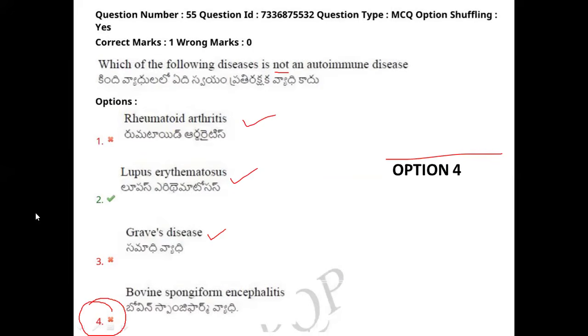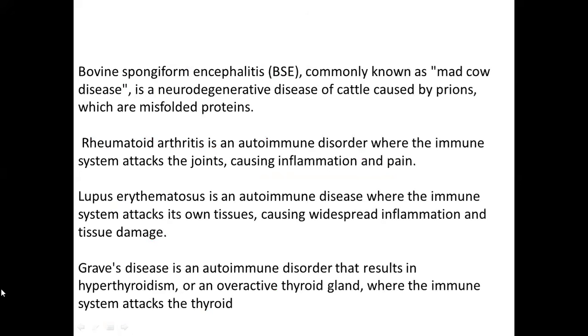I have given you explanation slide also. So bovine spongiform encephalopathy ni we also call as mad cow disease అని అంటాం. As I said, neurodegenerative disease of cattle అన్నమాట. So misfolding of the proteins వల్ల it will cause it. As you all know, arthritis is inflammation, joint pains will be occurring.